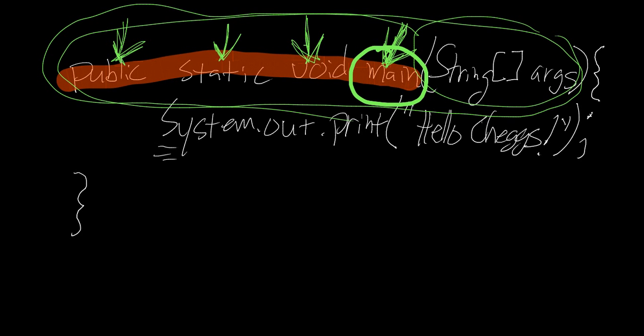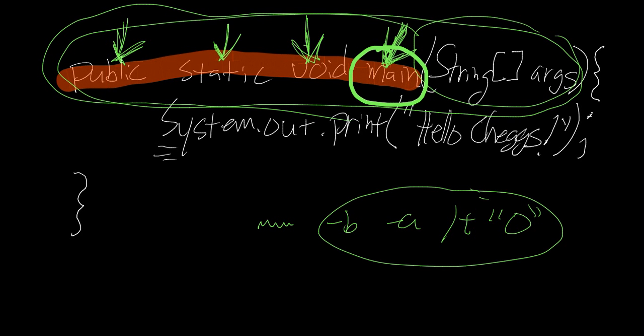If you're typing in a command line and you want to run your program, like in Linux, when you run a command you have arguments afterwards. All of that will be sent into the program through this parameter right here. You don't need to have a clear understanding of that yet. You just need to know that you need to have this method header for something to run.